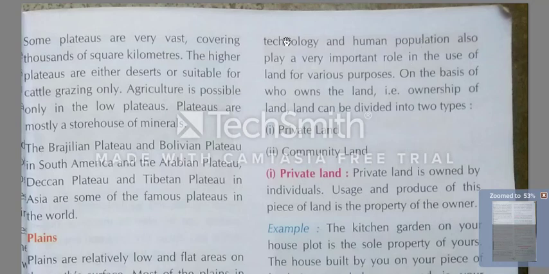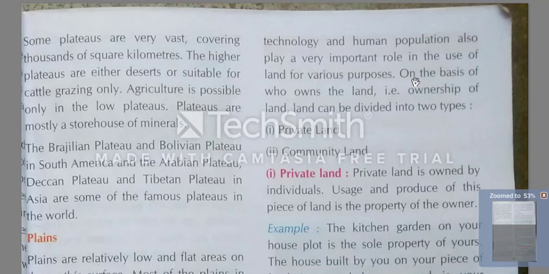That plays a very important role in the use of land. We may have all the things, but if we don't know how to utilize them, that also creates a problem.